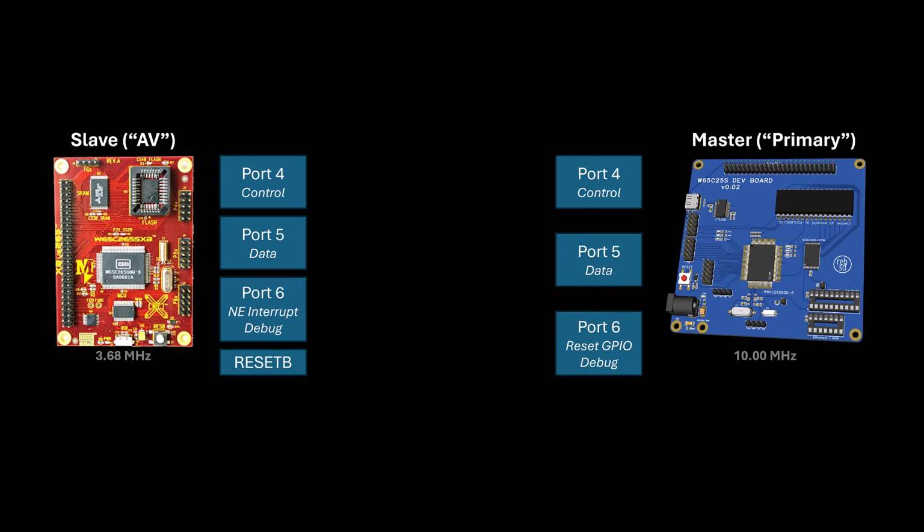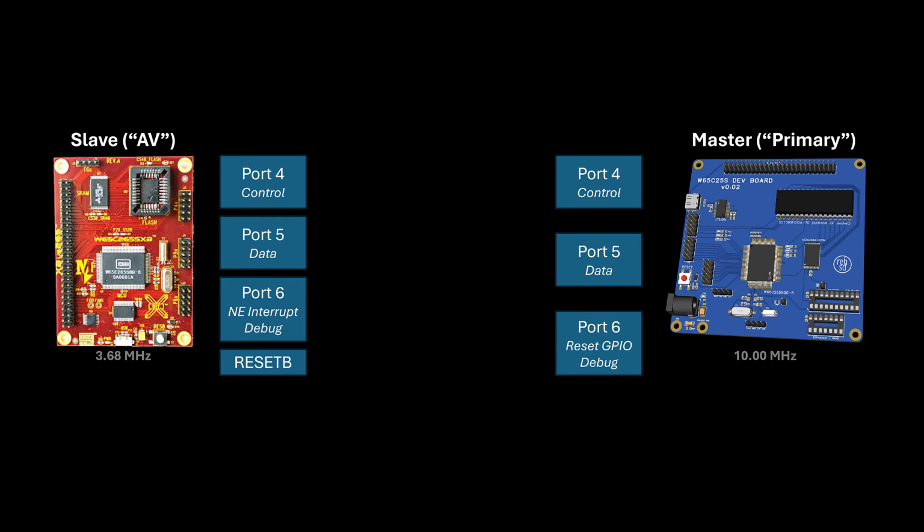Ports 4 and 5 are the two main ports that need to be used for PIB. Port 4 is used for control, port 5 is used for data. I'm also using a couple of pins on port 6, actually 3 pins on each of the boards. On the master, the board on the right, which I refer to as primary, one of the pins I'm using controls the reset on the slave, what I'm calling AV for audio visual.